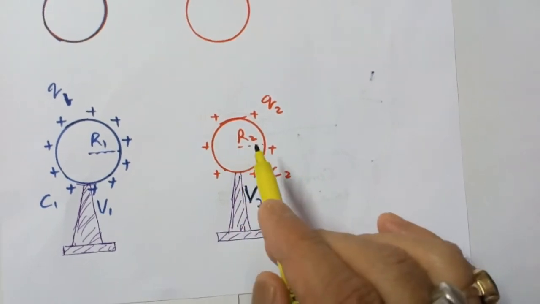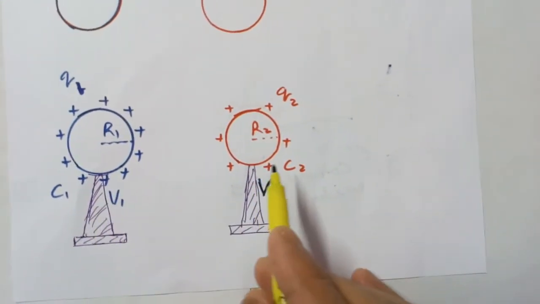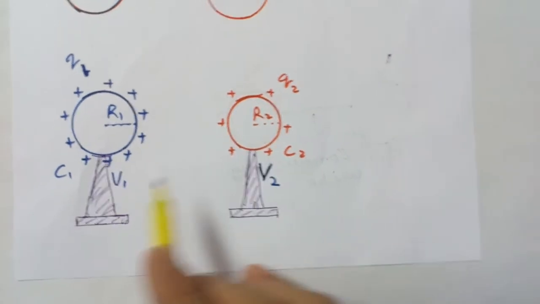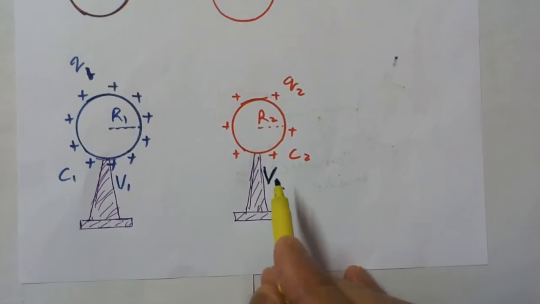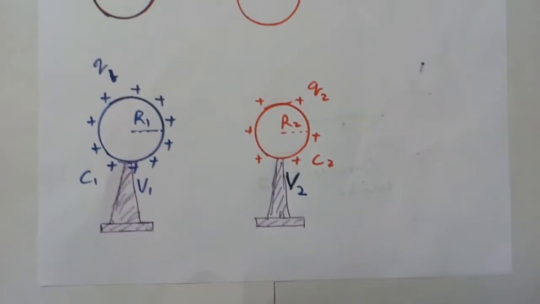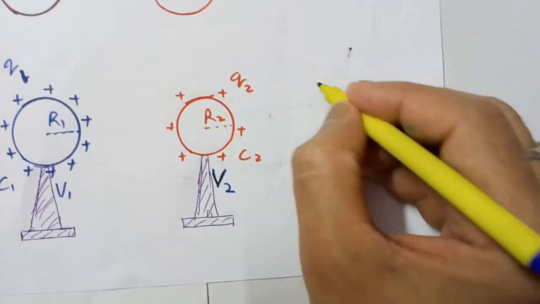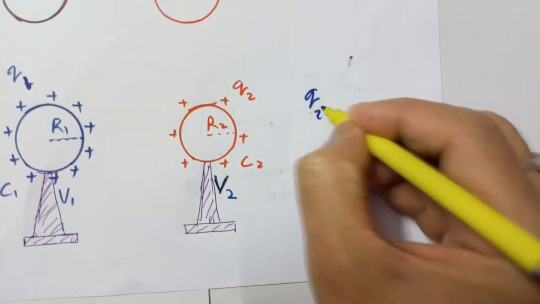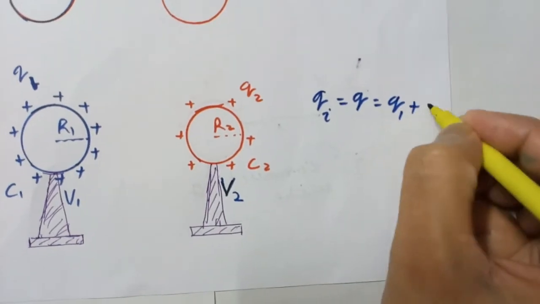Suppose its radius is r2. Now capacity of first is c1, capacity of second is c2. So by charging, suppose potential of this is v1 and potential of second is v2. Now here also total charge is q1 plus q2. So q initial is equal to q1 plus q2.